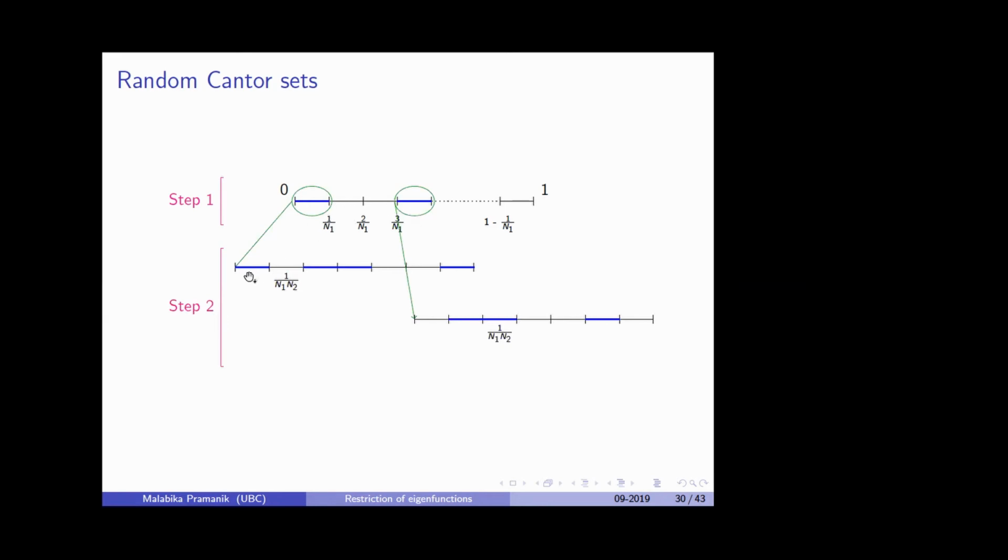We decompose each one of them. So this one I have zoomed out, and this one I have zoomed out. And we decompose each one of them into n2 equal pieces. So each interval is now of length 1 over n1 n2. And we flip another coin with a different success probability independently for each one of these finer intervals.